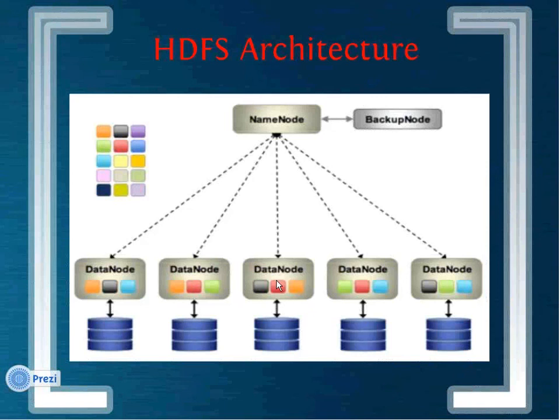So now we have a distributed environment which can store any amount of data. Every slave machine has its own hard disk, its own storage media. And one more thing you can notice is that the name node and backup node do not have their own hard disk shown. It does not mean that they don't have a hard disk.